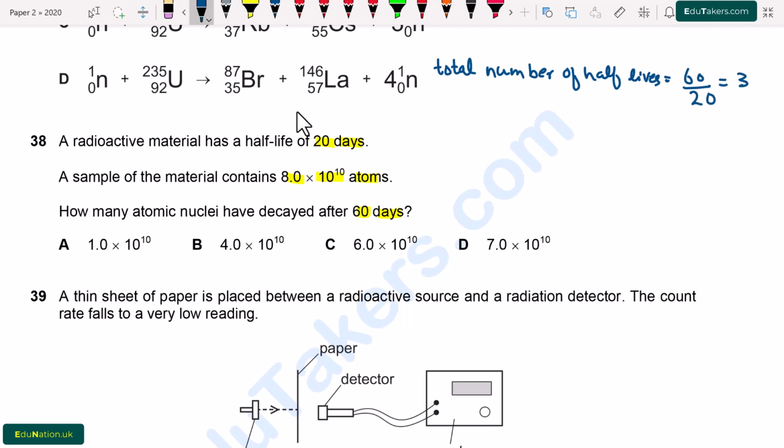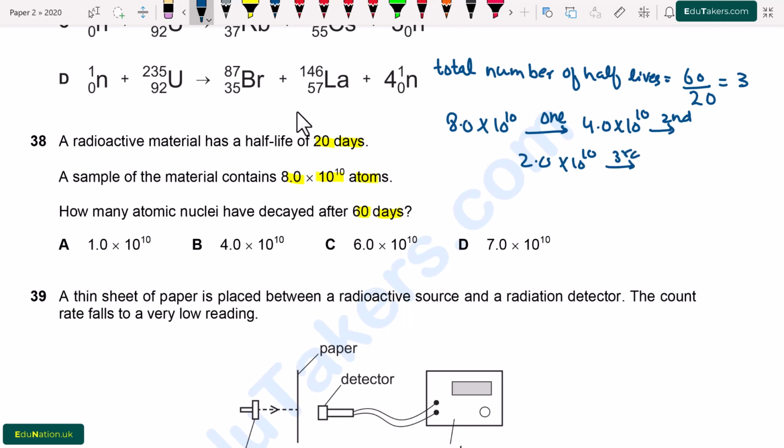Next, initially the sample contains 8.0 × 10^10 atoms. When the first half-life passes, there will be 4.0 × 10^10 atoms. When the second half-life passes, there will be 2.0 × 10^10 atoms.